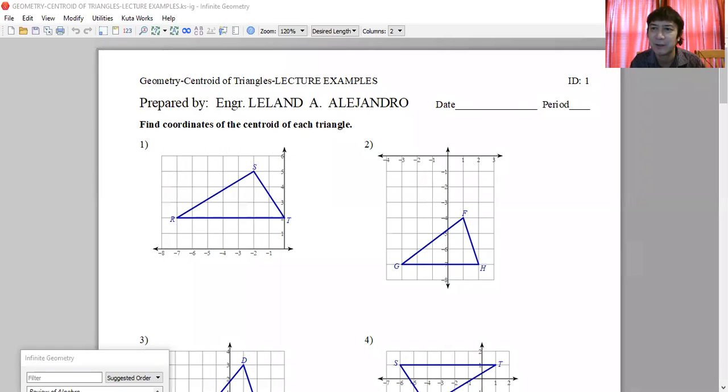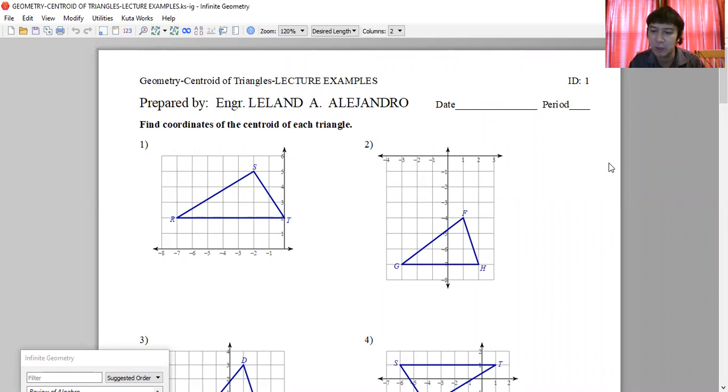We're going to discuss how to find the coordinates of the centroid and also how to find lengths of segments or parts of the median or the entire length of the median. So let us see the problem set on the other screen. Okay, here's the problem set, and this is our worksheet.